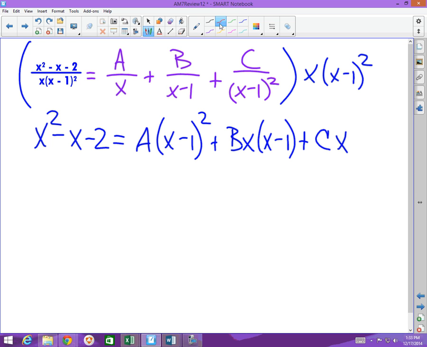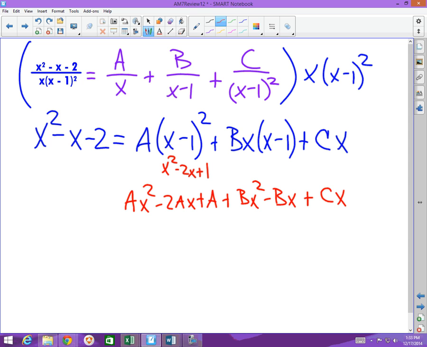All right. Squaring this gets you x squared minus 2x plus 1. So you have ax squared minus 2ax plus a. Multiplying that out plus bx squared minus bx plus cx.